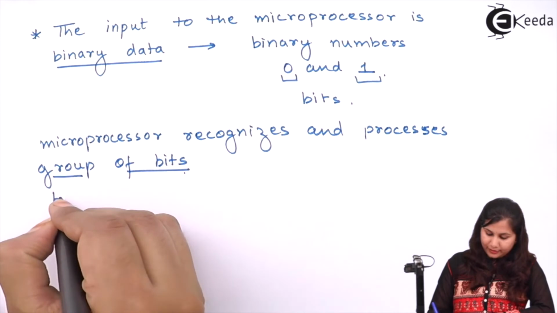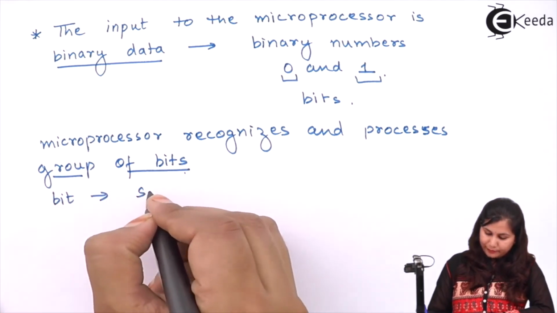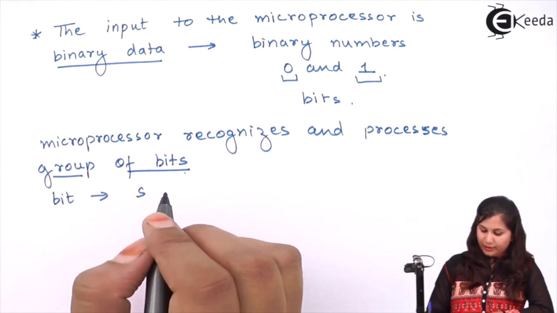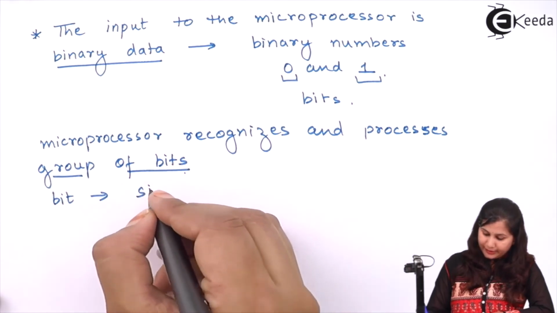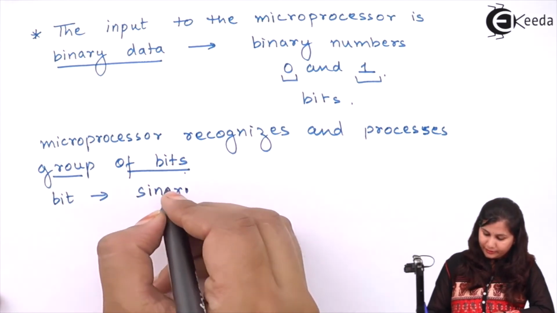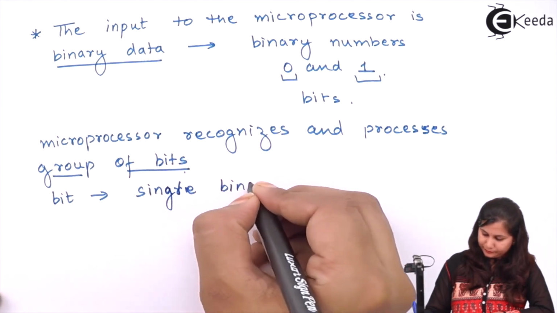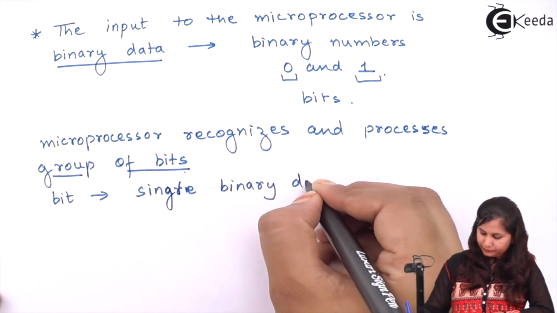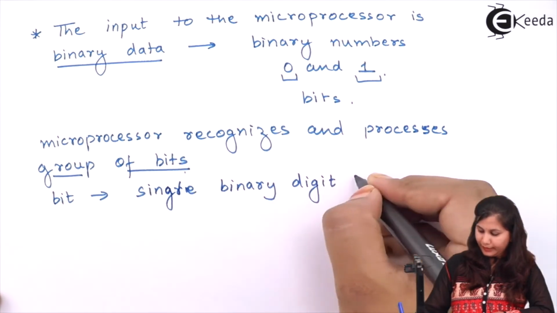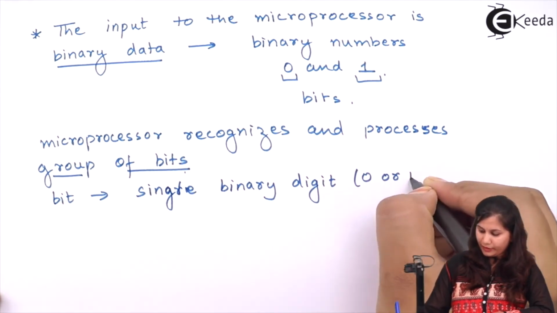Bit is the basic unit of numbers. It is a single binary digit, that means 0 or 1.